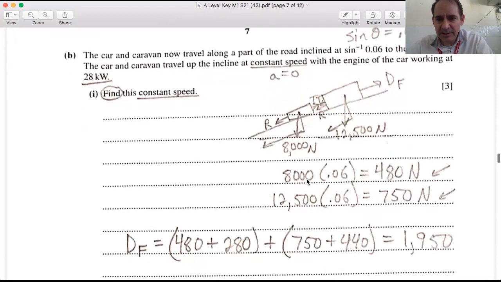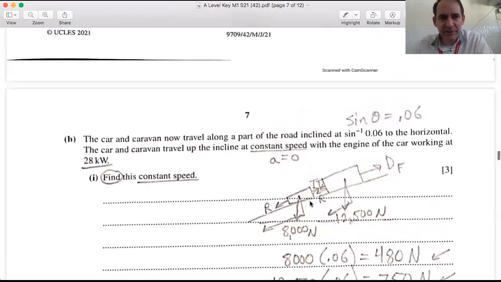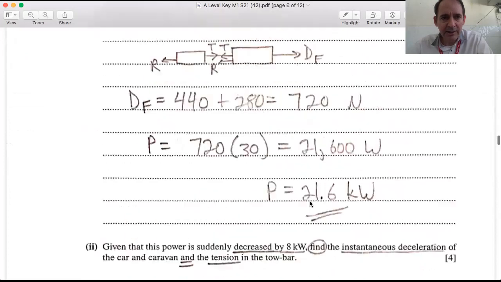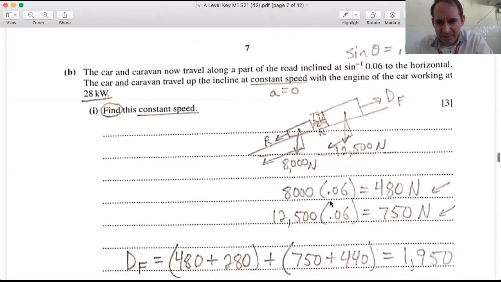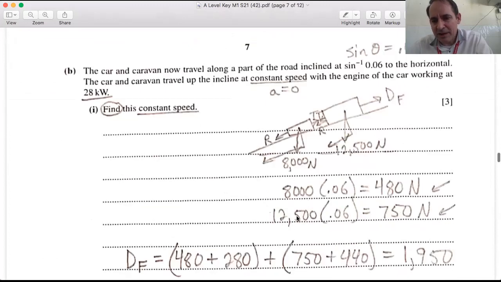So 1,250 times 10 gives 12,500, times sine of the angle, which is 0.06, gives us 750 newtons for the car that's pulling downhill. Resolve the force for the caravan: 800 times 10 is 8,000, times 0.06 gives us 480 newtons.